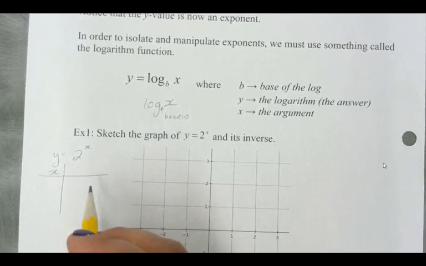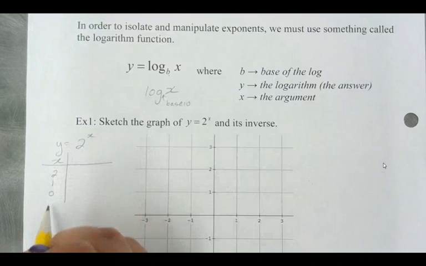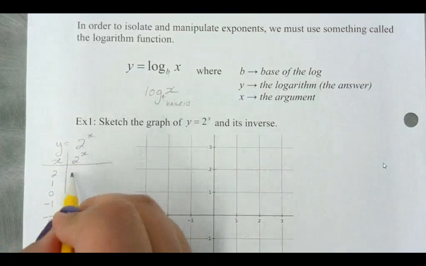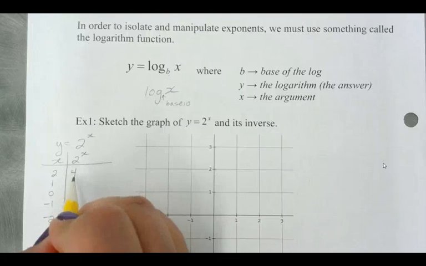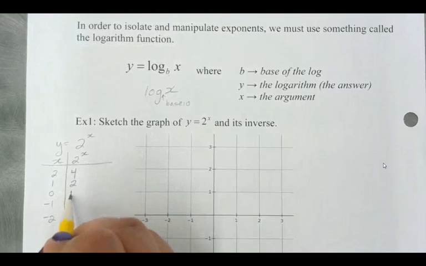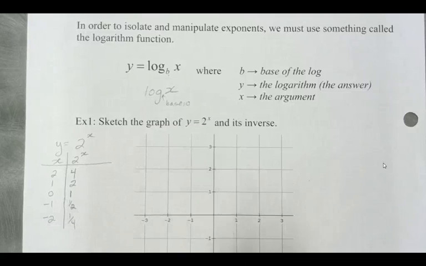If we have x and we choose 2, 1, 0, -1, -2, what are the corresponding values for 2 to the power of x? 2 to the power of 2 is 4. 2 to the power of 1 is 2. 2 to the power of 0 is 1. 2 to the power of -1 is 1/2. 2 to the power of -2 is 1/4.